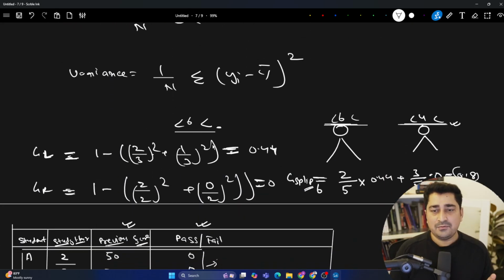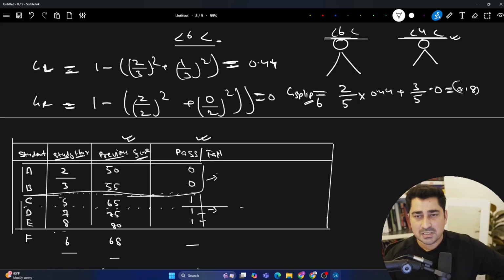So if I have to take a decision that I am going to split the very first node, if I have to take a decision on 6 or on 4, what will be my decision? Yes, guys. On 4, Gini split is coming as 0. On 6, Gini split is coming as 0.18, some value. So which one am I supposed to take?